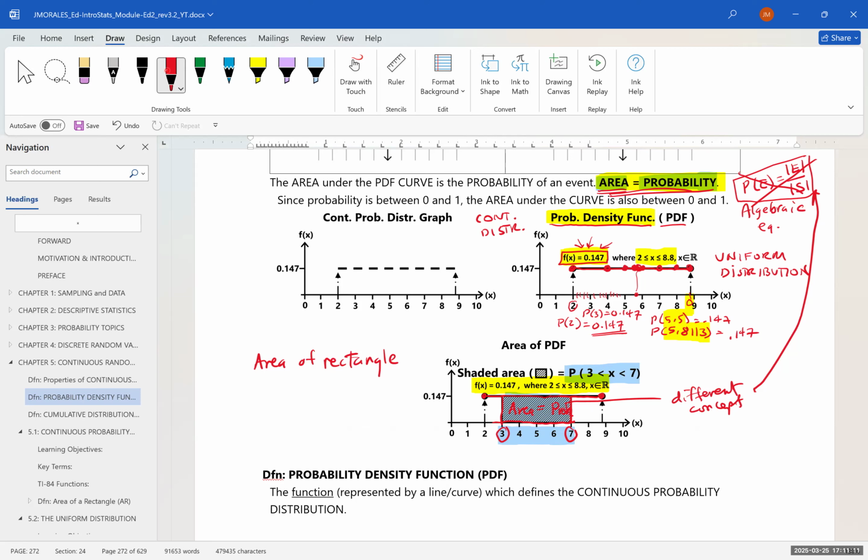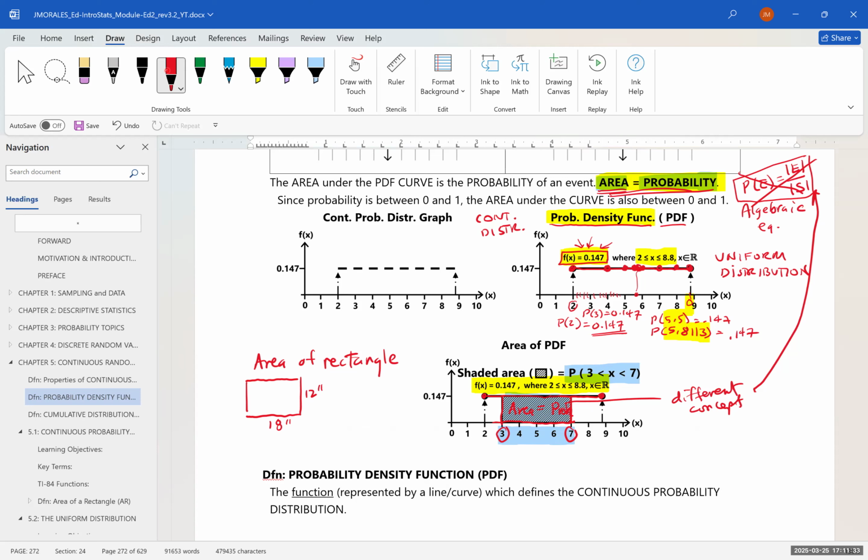And the area of a rectangle is something that a lot of people have had experience with, right? Maybe you had a picture frame, and the picture frame might have been like 18 inches wide and 12 inches tall.